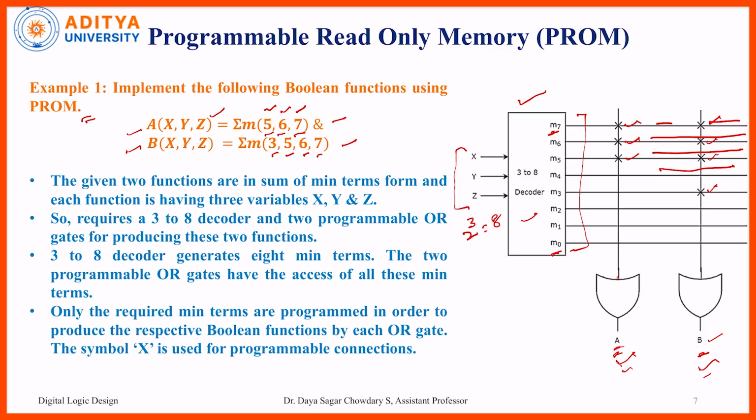Finally we can construct the PROM circuit like this. This is a simple circuit. The x here is a fuse, so the symbol x is nothing but the programmable concept. We can use the fuse like this or with the help of a cross mark. Any symbol we can use.